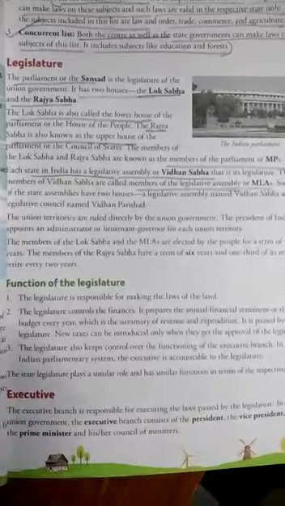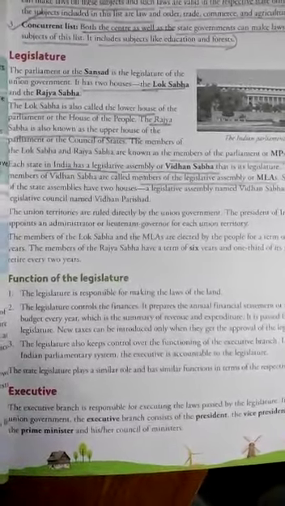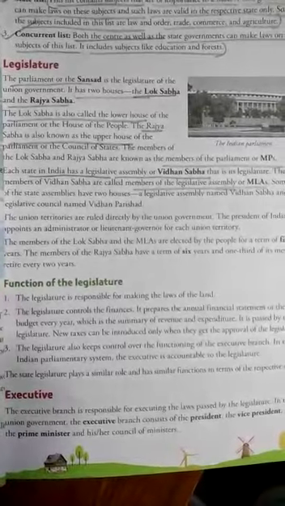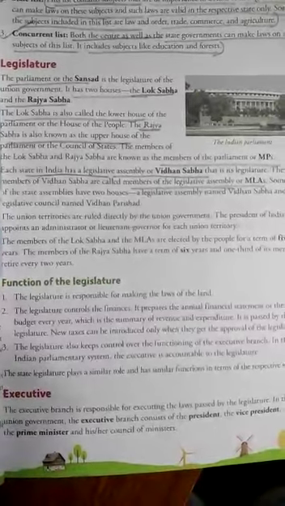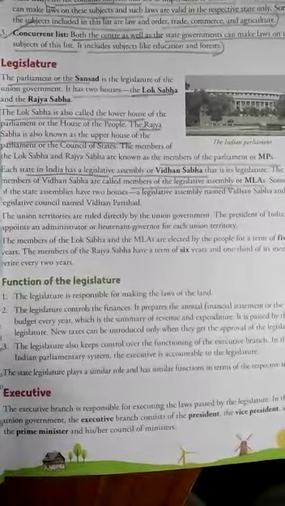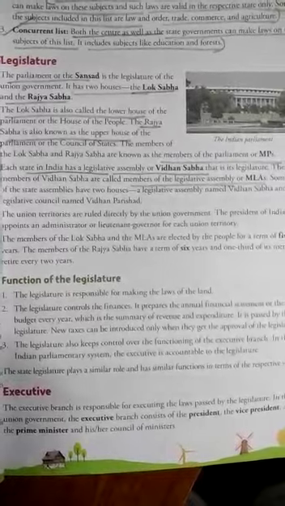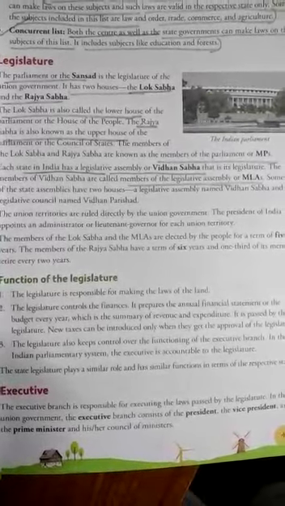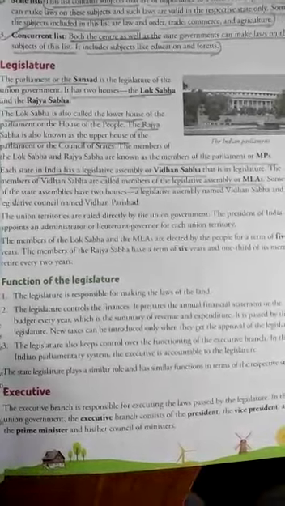Okay, so we also call it Sansad. Okay, in news you can see they talk about Sansad. So it is called the legislature of the Union government, and it has, students, two houses, that is Lok Sabha or lower house, and Rajya Sabha, that is upper house. Okay, lower house and upper house.